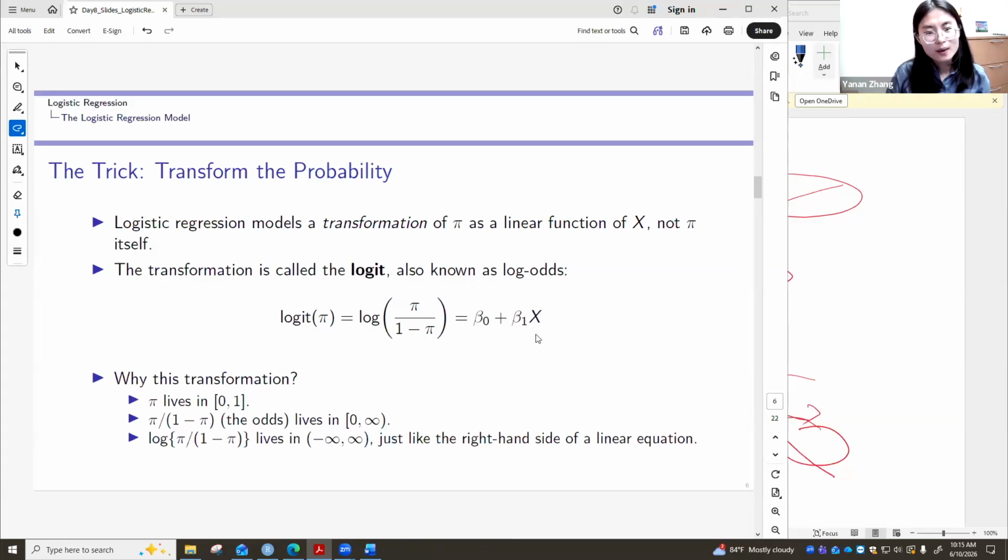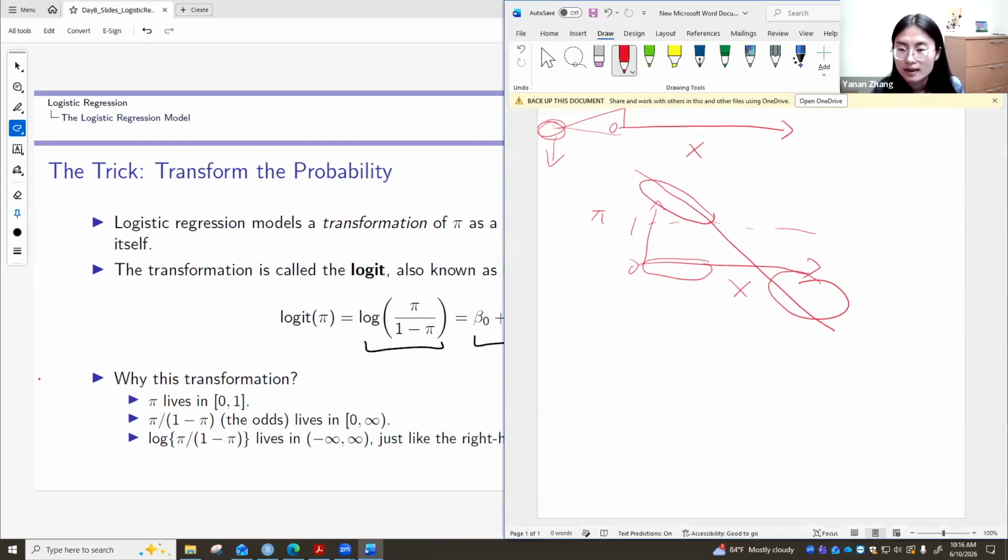By doing this, the range of both sides of the equation matches. Also, logistic regression assumes the outcome y follows a binomial distribution. Let me write it here. The outcome yi follows a binomial distribution with n equals 1 and probability pi i.